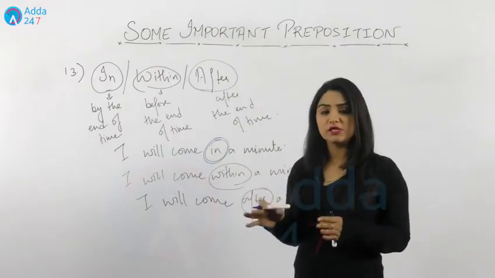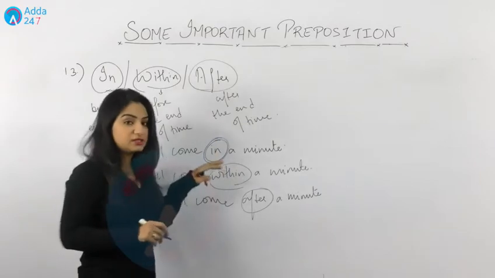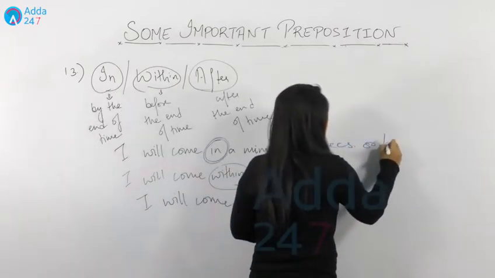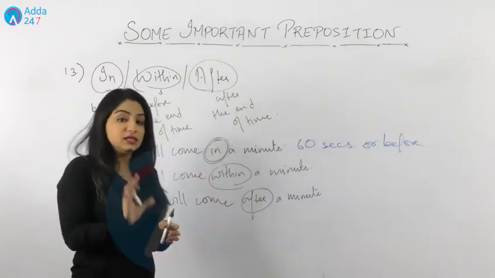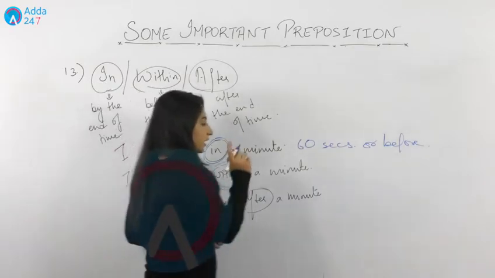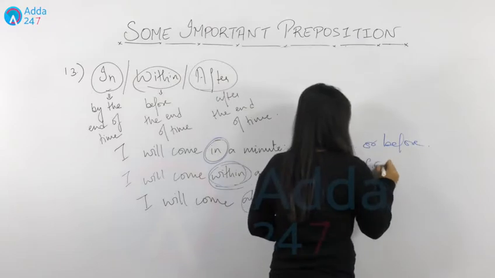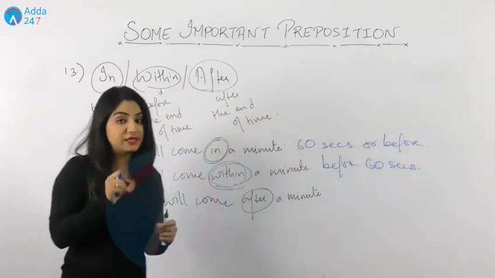So what is the difference between the three? When we have in, it says 60 seconds or before. It can be till 60 seconds or before it. But when we have within, it will only say before 60 seconds, which means it will not complete 60 seconds.